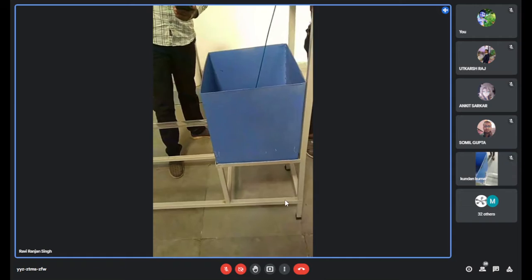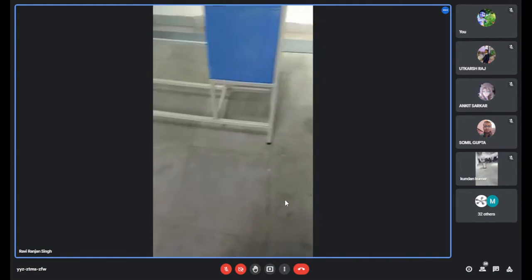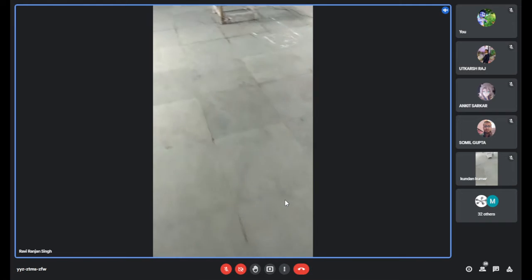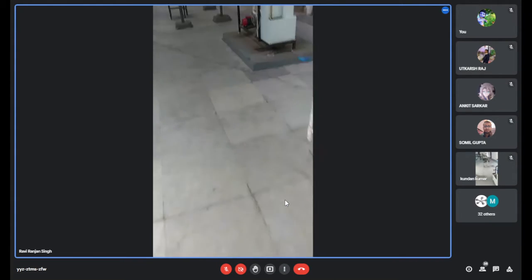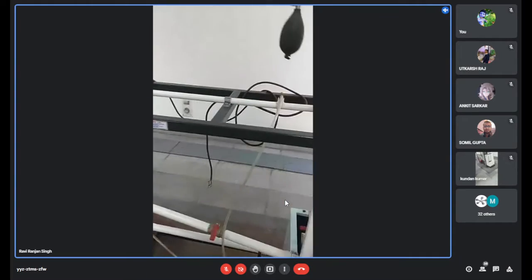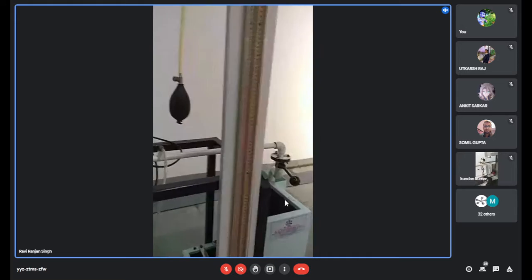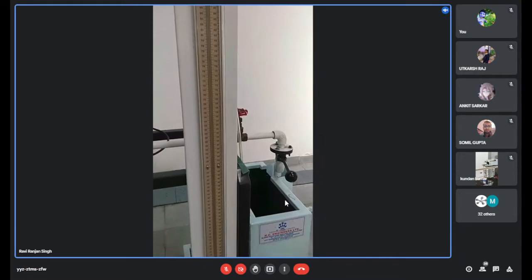After that, the fourth experiment is the calculation of friction in pipes. So the setup is here. This is the huge manometer in which we calculate the pressure.